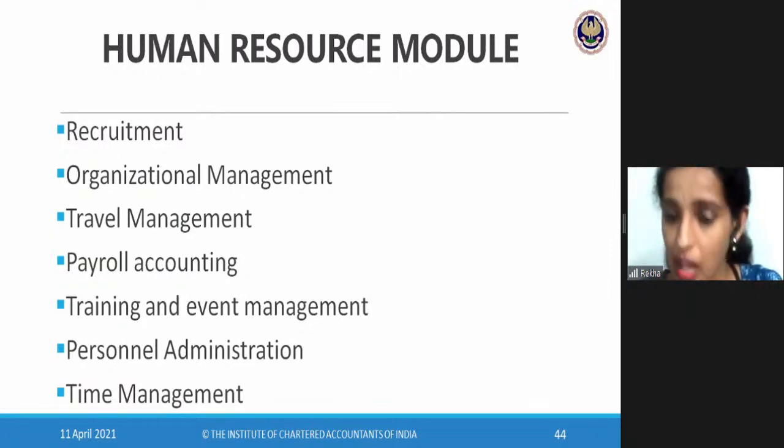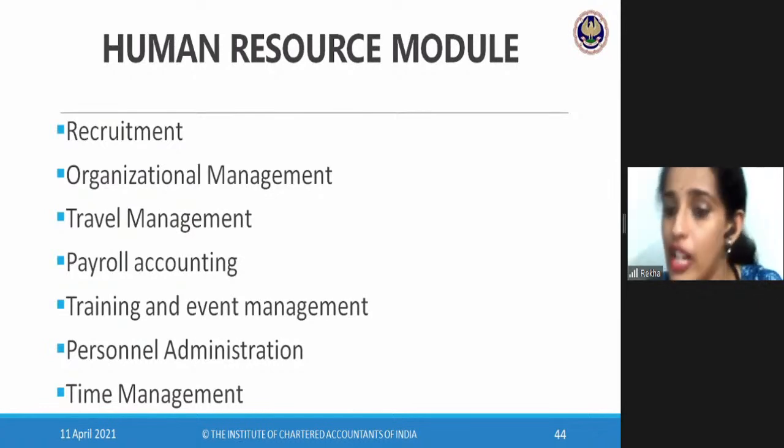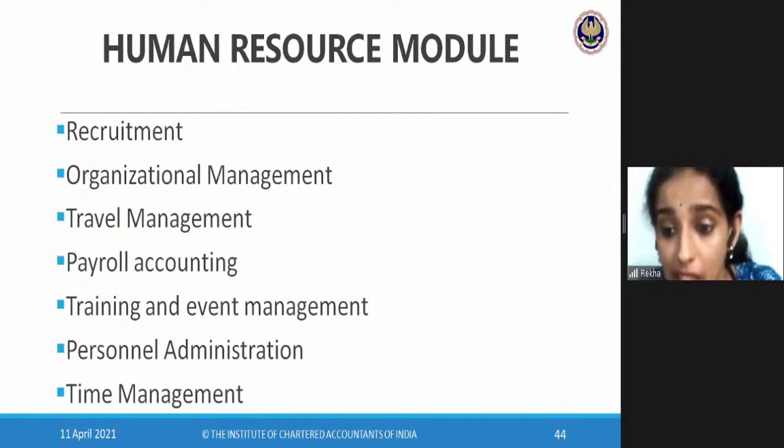Your recruitment, the management, organizational structure, who is reporting to whom, what will be your designation, after how many years you will be eligible for a promotion. All this will be dealt with in the HR module, in addition to your regular payroll accounting. Payroll means salary computation, then training given to the employees. As soon as you join a company, you will not be put under one particular department.